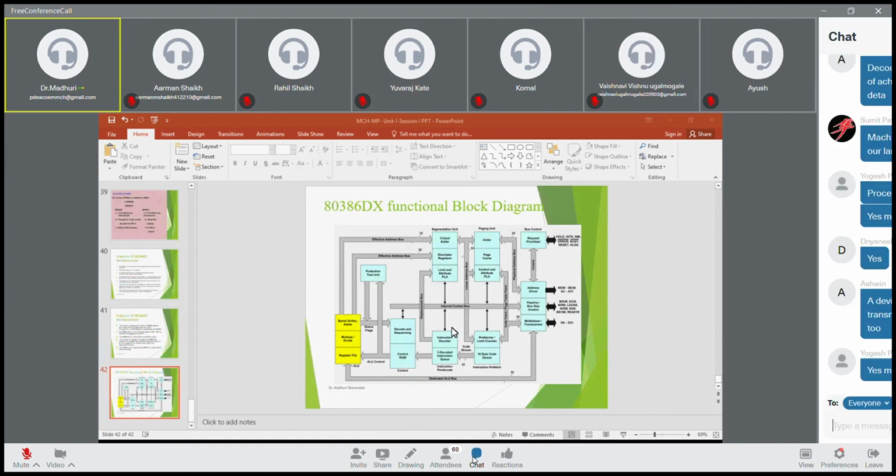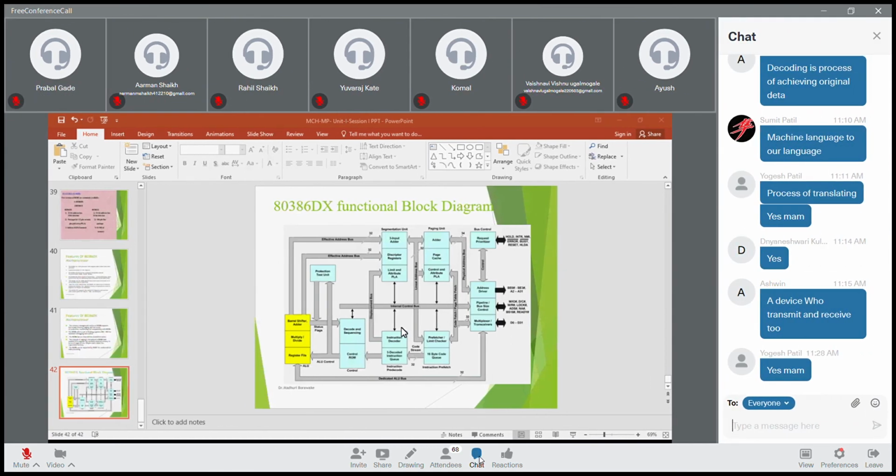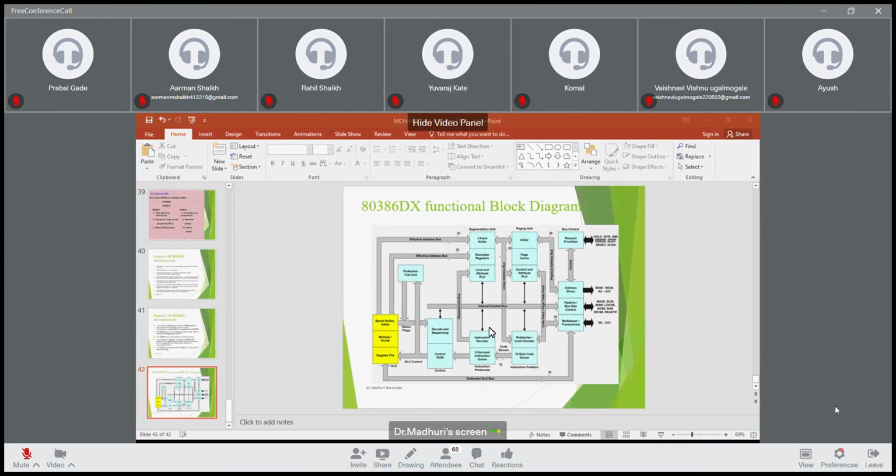So there are the base registers. In the base register, you have the general purpose register, instruction pointer, flag register, segment register. In a general purpose register, you have AX, BX, CX, DX. Now AX is 16-bit, but we are going for the 386 microprocessor, which is a 32-bit microprocessor.